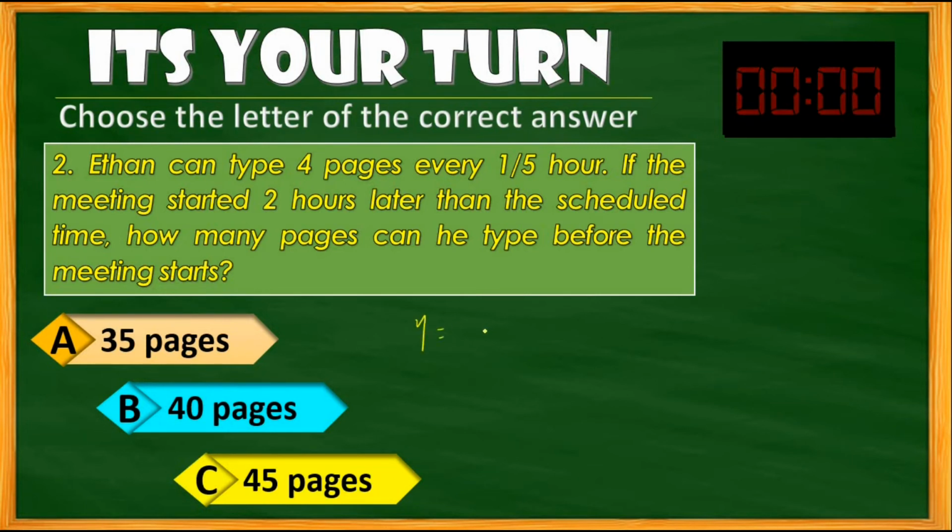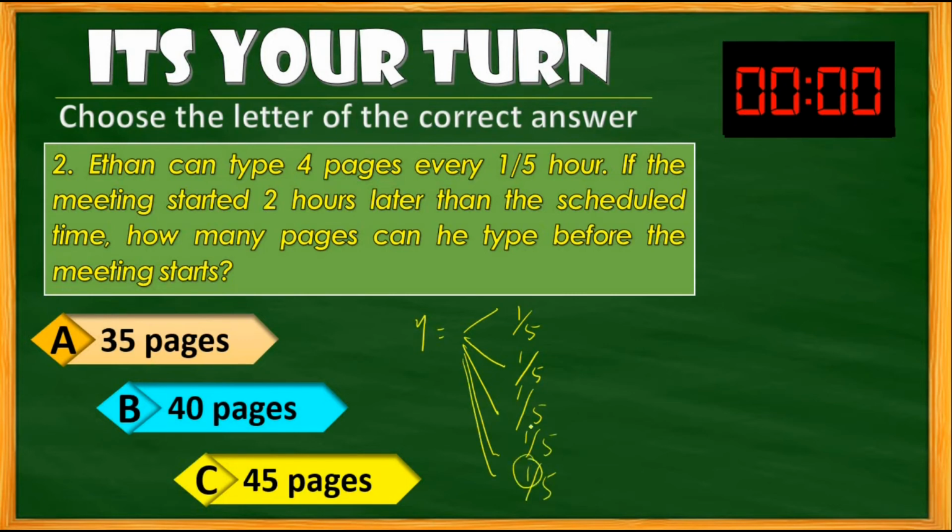So if 1 hour, how many 1/5 are there? We have 1/5, 1/5, 1/5, and another 1/5, and 1/5, because we're going to total 1, 2, 3, 4, 5. The equivalent is 5/5 is 1 hour, right?